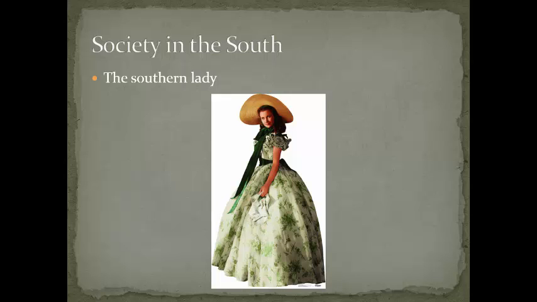They don't act like this. They're not part of the aristocracy, right? In reality, if you're a member of the plain folk class, more likely than not, your wife is probably working out in the fields with you. So this myth about the Southern lady and these Victorian values that the Southern ladies are supposed to adhere to, that is largely a myth.